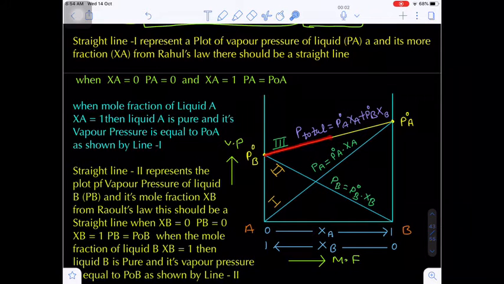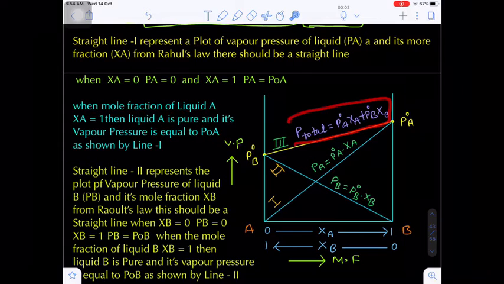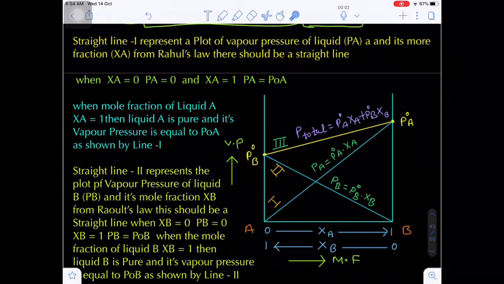Okay, and the third straight line corresponds to the total pressure of component A and component B, that is the total pressure of the solution. Now the first straight line corresponds to the vapor pressure of component A, so PA is equal to P naught A into XA.